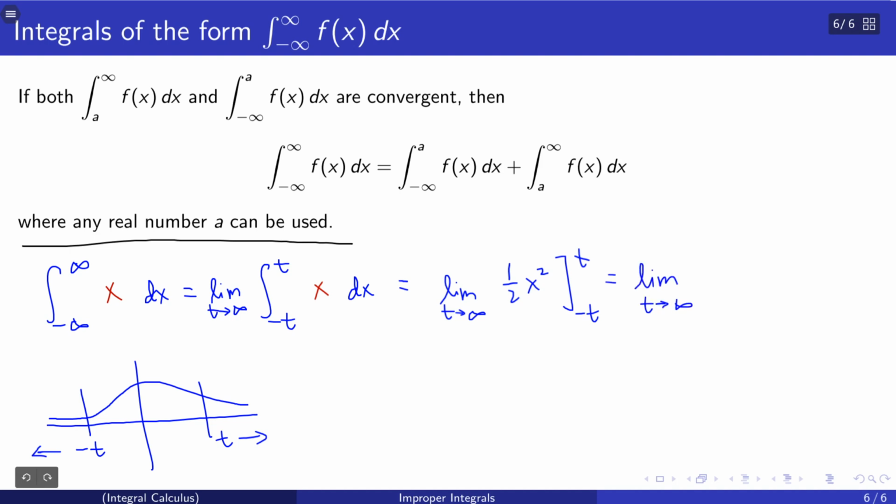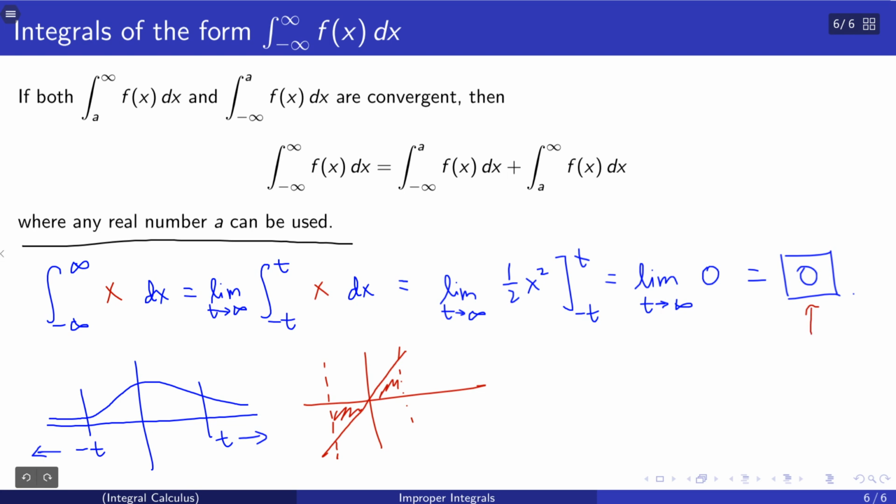And, well, that's 1/2 t squared minus 1/2 t squared. That's actually just a 0. So this limit is 0. Right? And that makes sense for the graph of y equals x, because if I cut it off at symmetric x coordinates, the areas here will just cancel each other out. That's why that's always a 0.